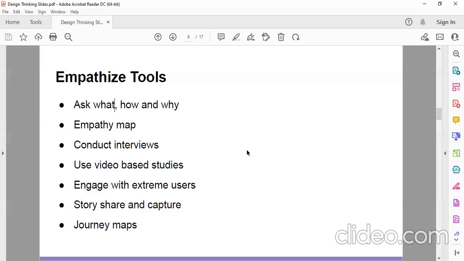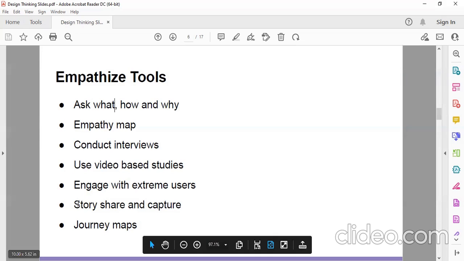So through interviewing, we can clearly understand the user with our questions, right? This is something related to story share and capture as well.